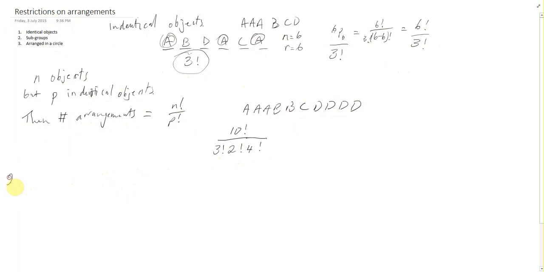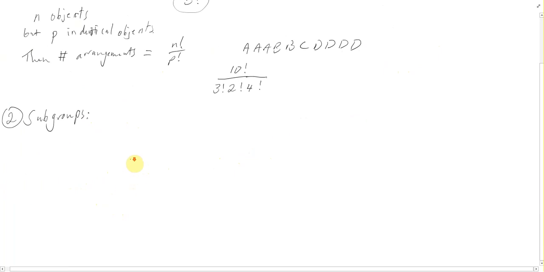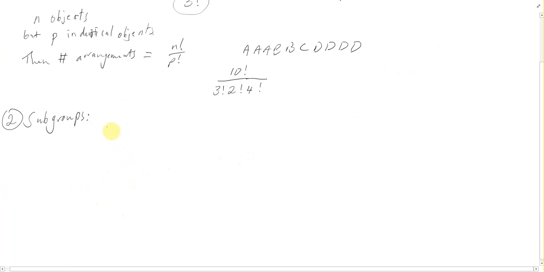Okay, part 2 is thinking about subgroups. So what do I mean by subgroups? Well, within our arrangement, we want to specifically arrange some things next to each other in a little subgroup. So, for example, let's suppose we're arranging types of cars.